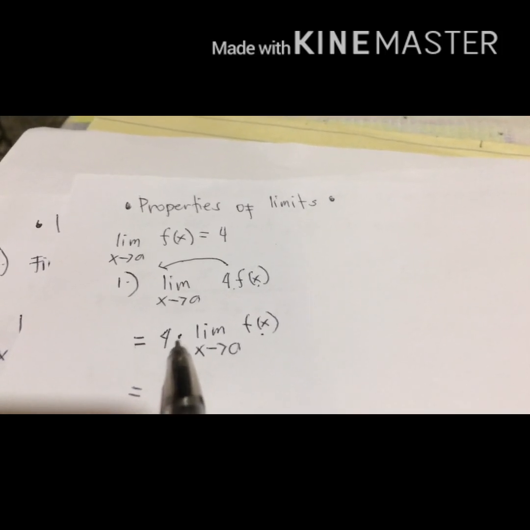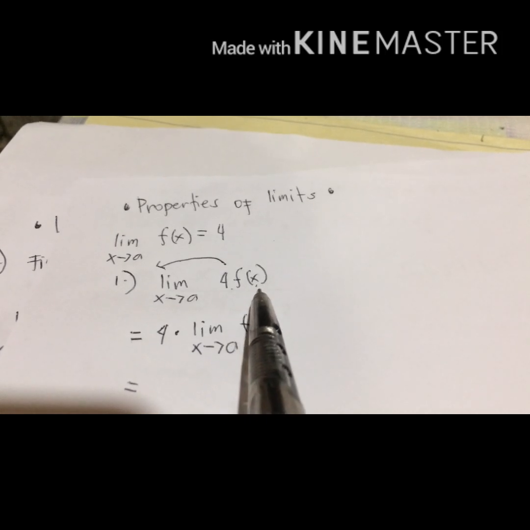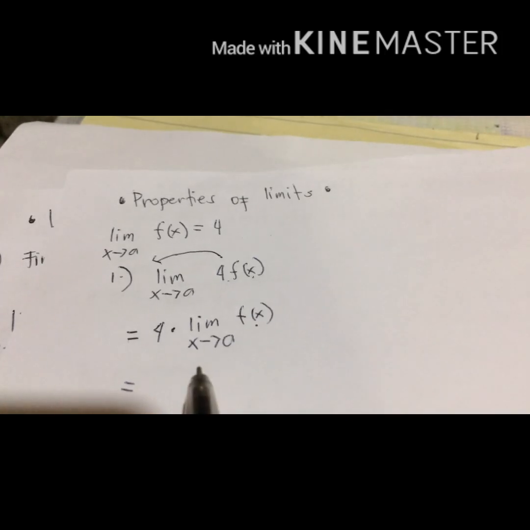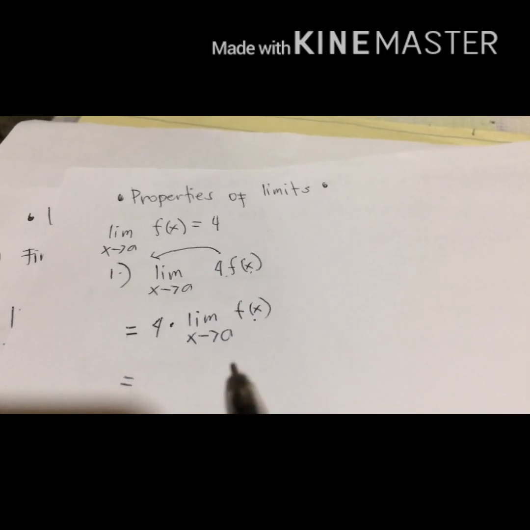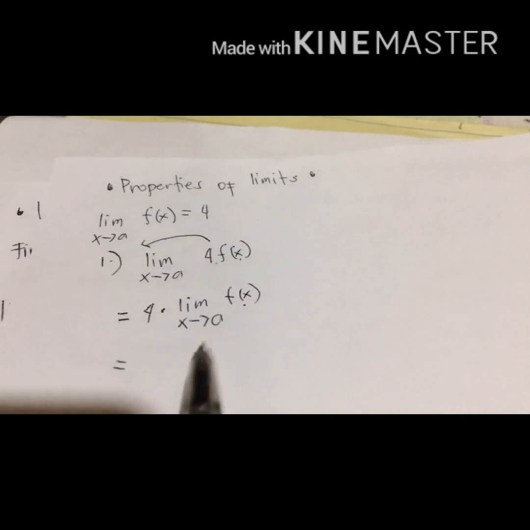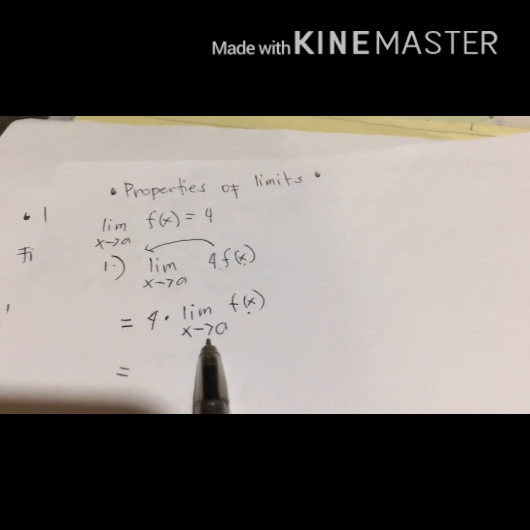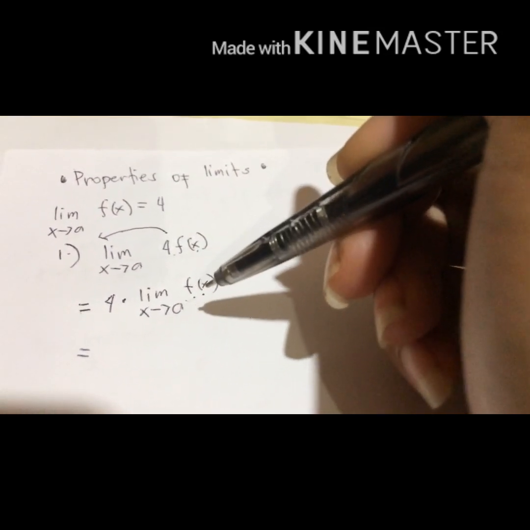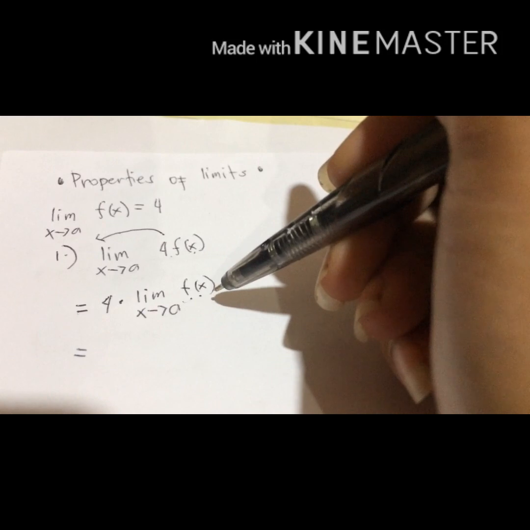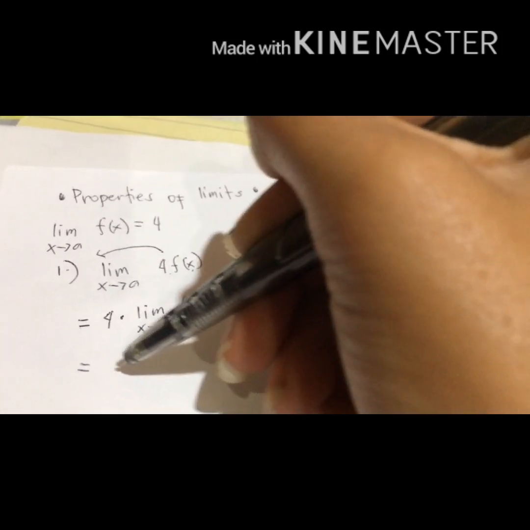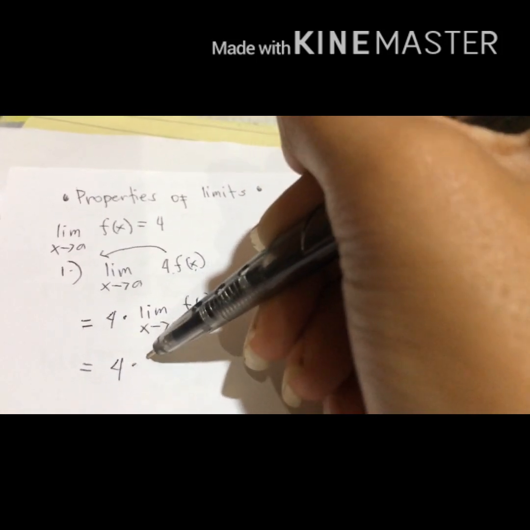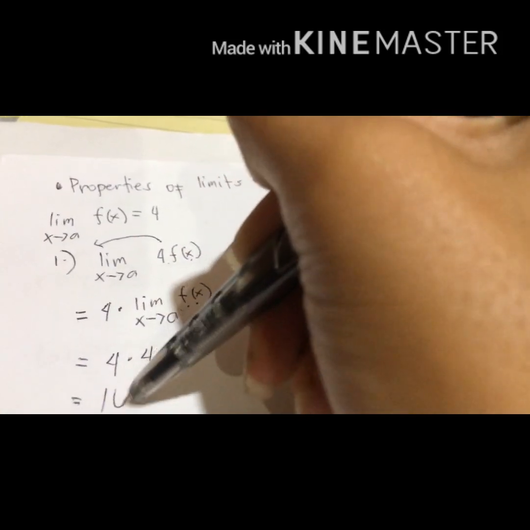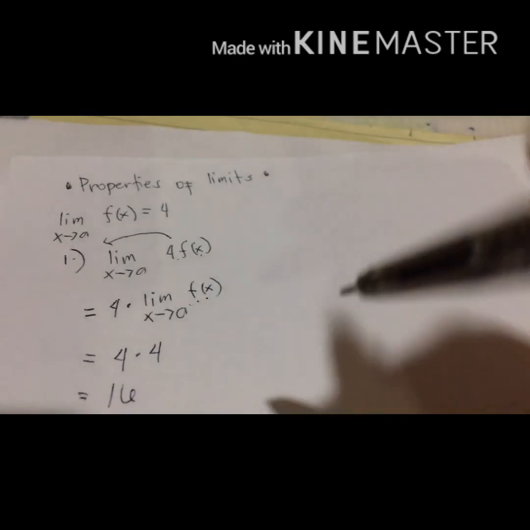Instinctively, you know it is 16. If you want to show your work, this is how to write it: we replace the limit of f of x with 4, because the value here is 4. So 4 times 4 equals 16. So the answer is 16.